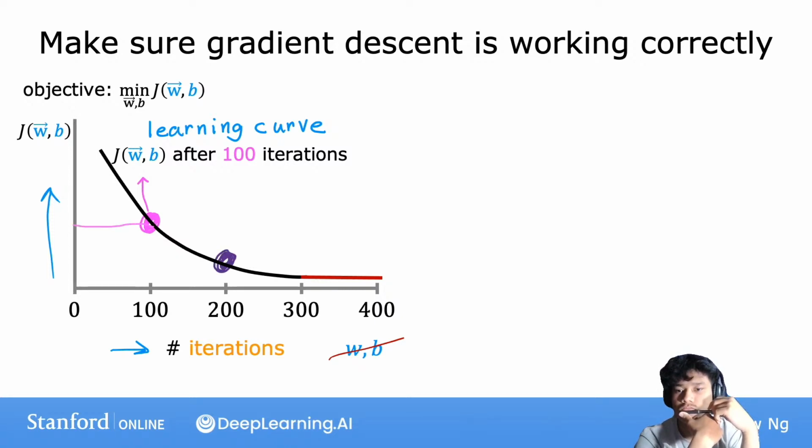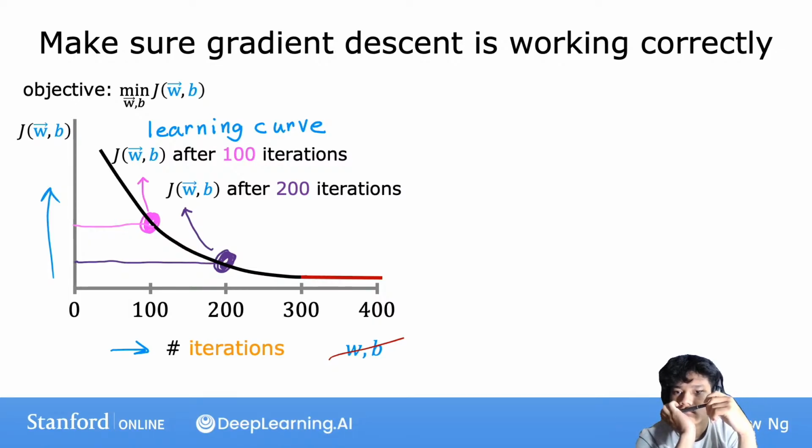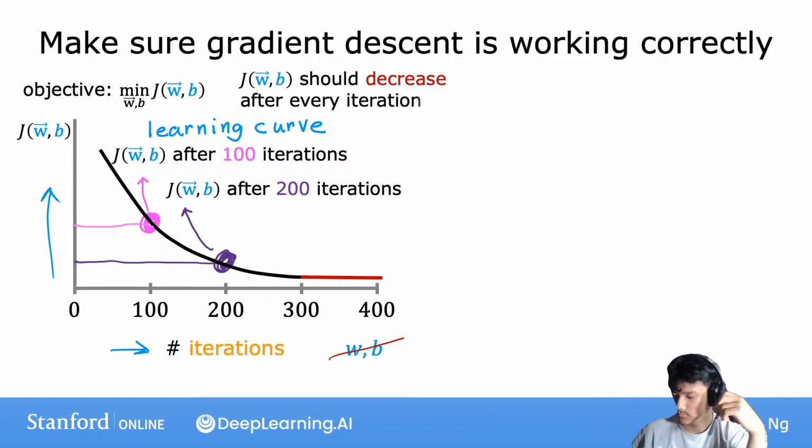And this point here corresponds to the value of j for the parameters that you got after 200 iterations of gradient descent. So looking at this graph helps you to see how your cost j changes after each iteration of gradient descent. If gradient descent is working properly, then the cost j should decrease after every single iteration. If j ever increases after one iteration, that means either alpha is chosen poorly, and it usually means alpha is too large, or there could be a bug in the code.